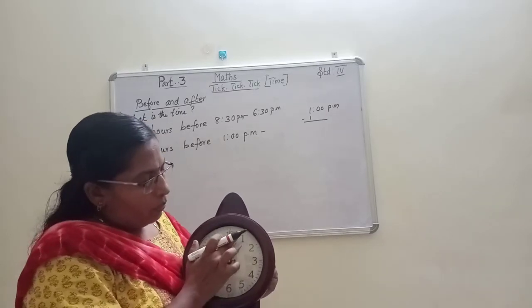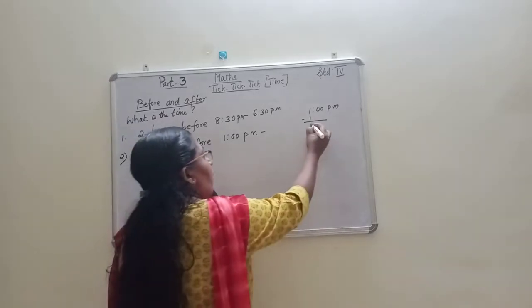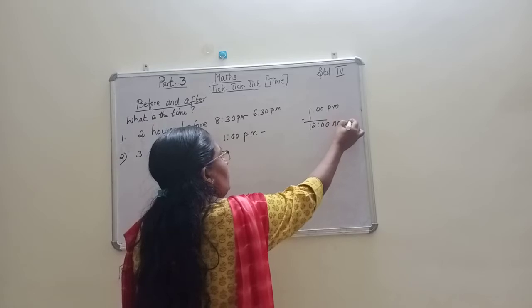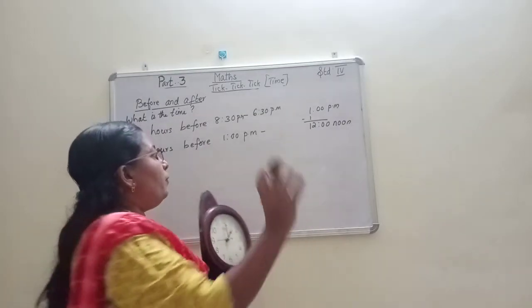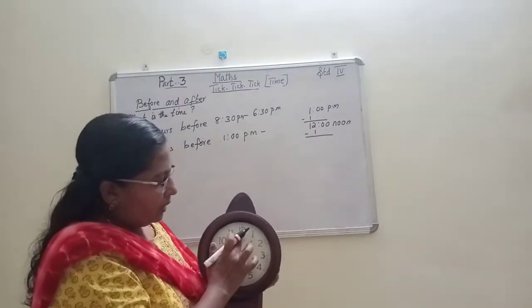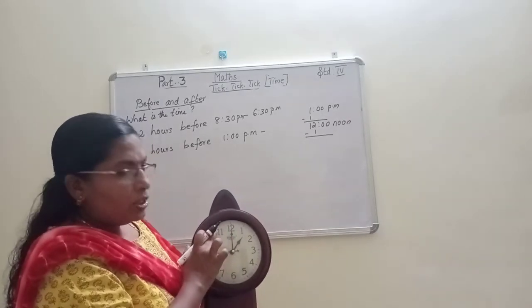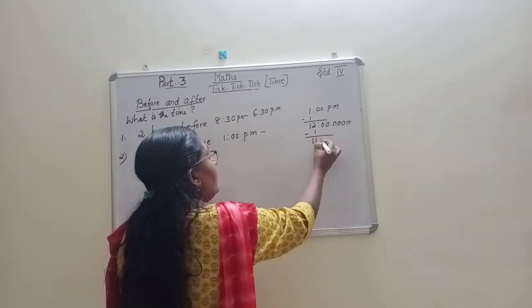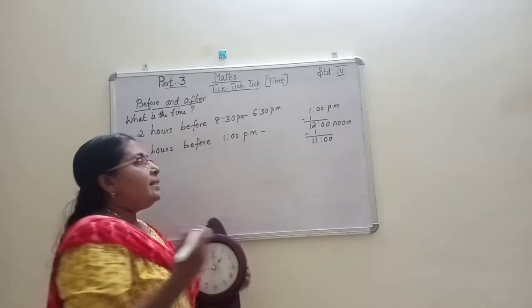Now it goes backward. 12 is 12 noon. Then before that 1, it will become 11. Now it is 12, next is 11. 11, what is that? Before noon, that is AM.